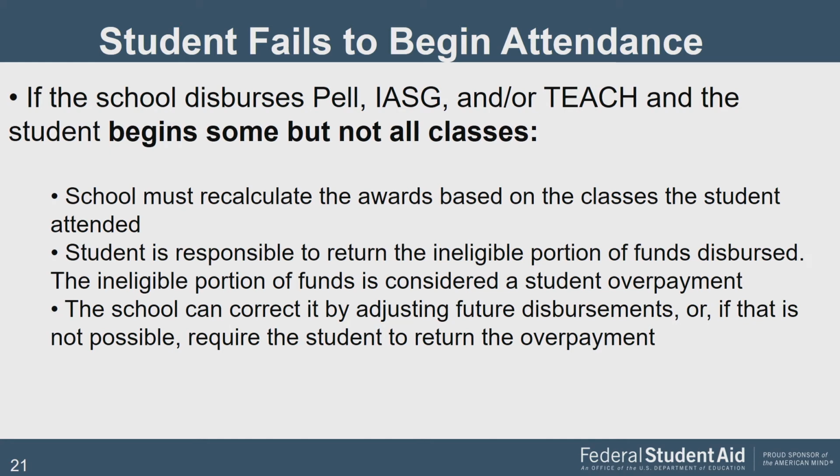This could cause an overpayment on behalf of the student, which means the student will be responsible for returning any ineligible portion of that disbursement. You can also make adjustments to any future disbursements to take care of that overpayment as well. So this again is for early disbursements.